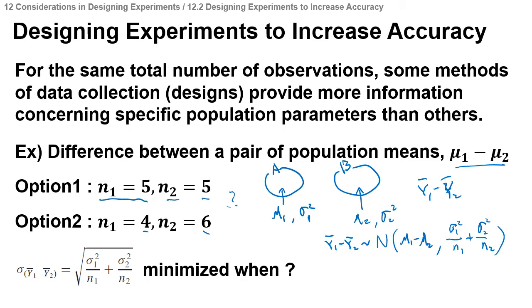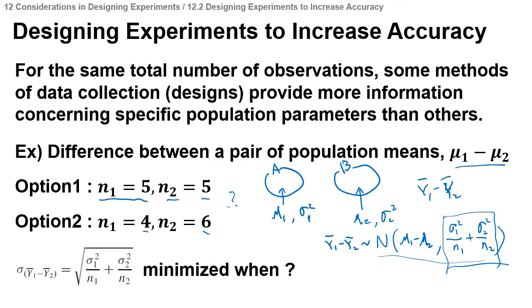When the sample size is large, it follows this distribution. Then minimizing the variance would be our objective. So when can we minimize this variance term?